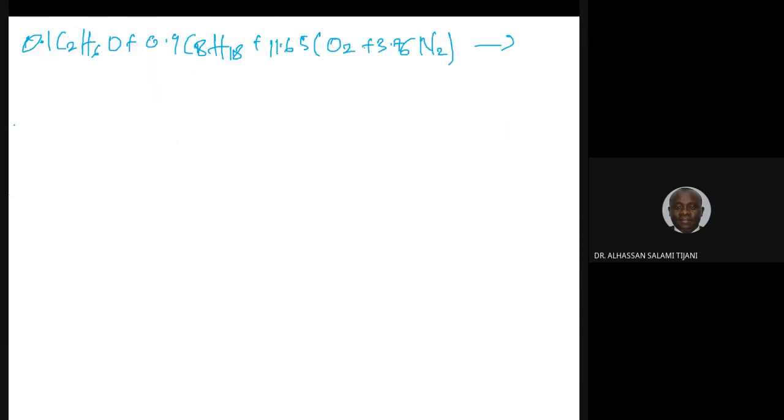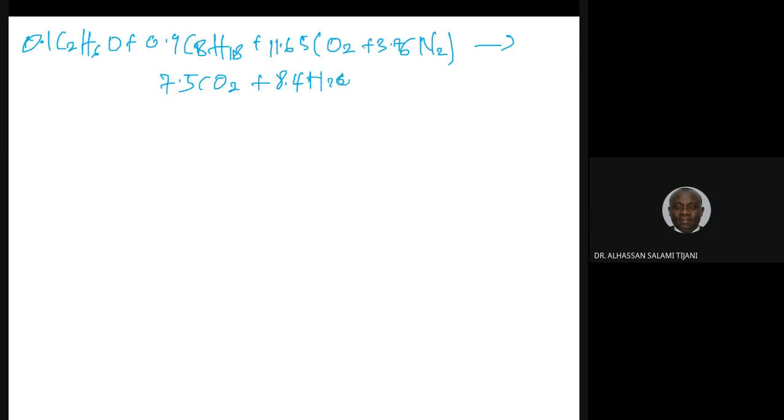So 7.5 carbon dioxide, and then we have water also, 8.4 amount of water.